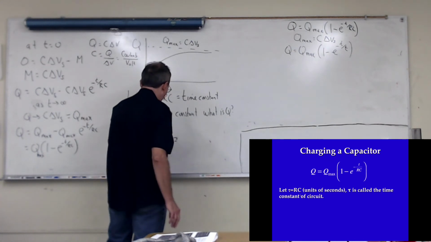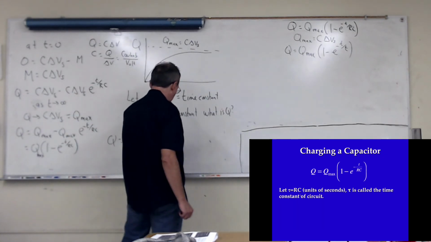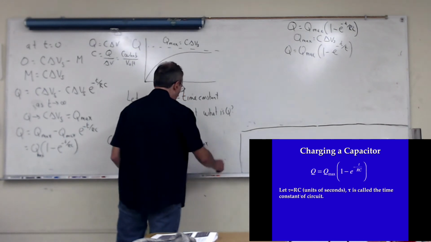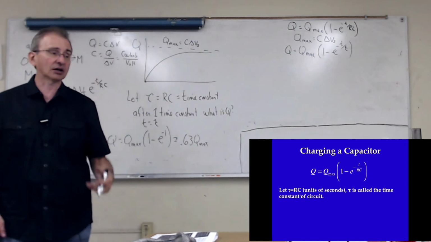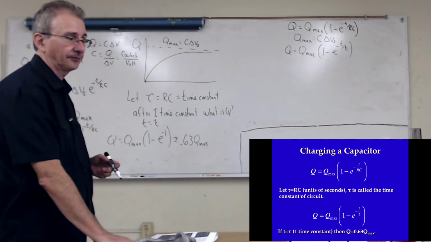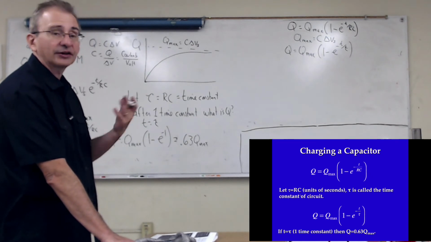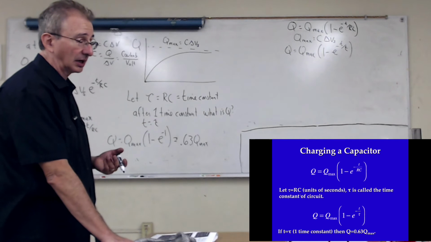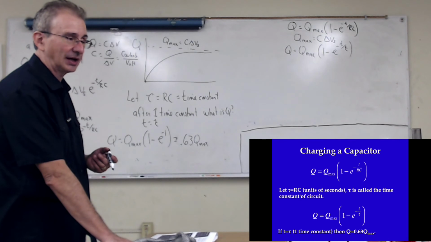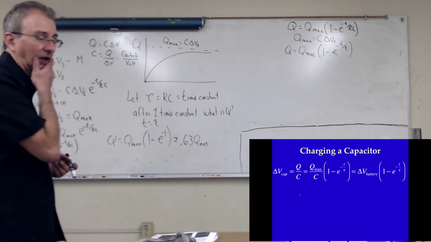E to the minus 1 is about 0.37. 1 minus 0.37 is 0.63. So after one time constant, your capacitor is charged to 63% of its maximum value. You'll hear that terminology. After two time constants, the capacitor is charged about 86%, if I remember correctly, of its maximum value. Okay.